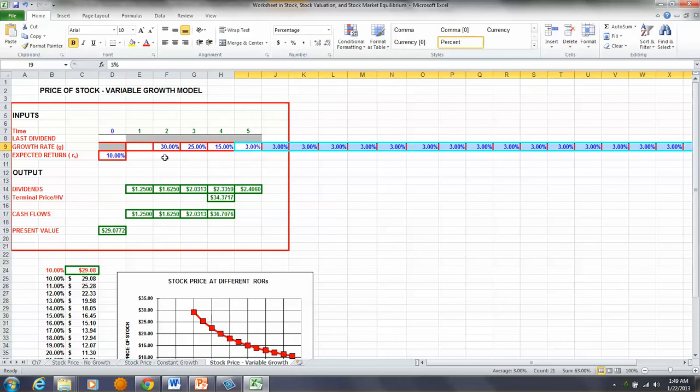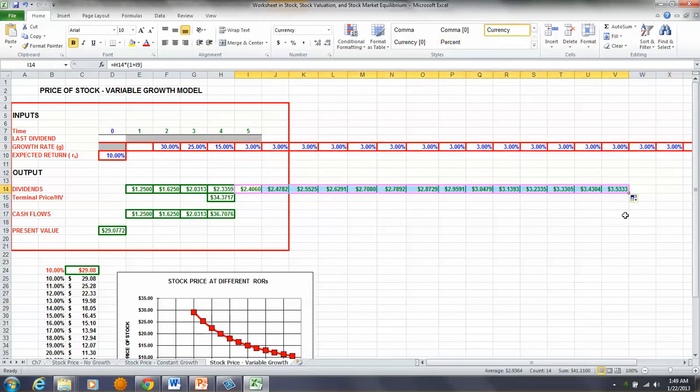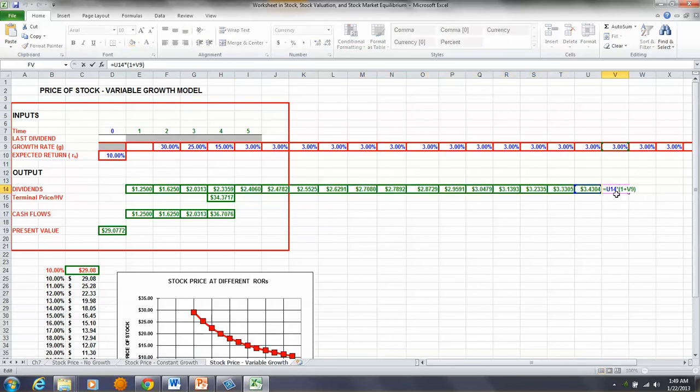Do you want to compute these cash flows forever? You can do that. You can do this for hundreds of years and find the present value of all those dividends, but we don't need to do that.